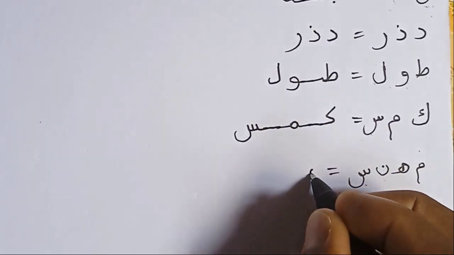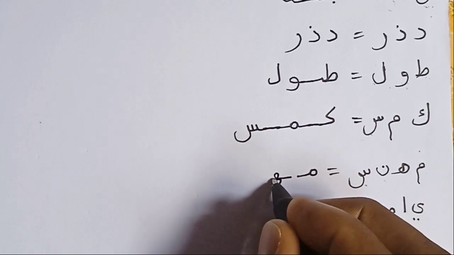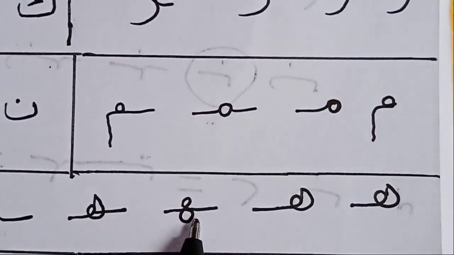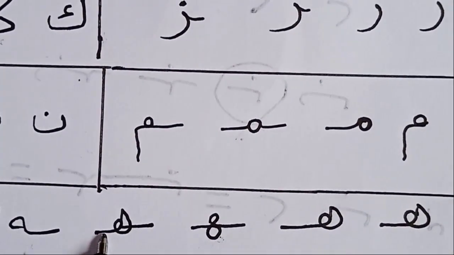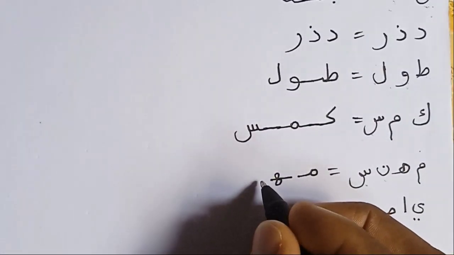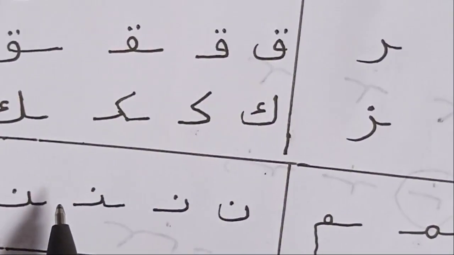Okay, so we start with mim, then ha at the middle of the word. As you can see, these are our various types of ha. We can either write this or this at the middle of the word. Okay, then we have the nun, which is this, nun at the middle of the word.